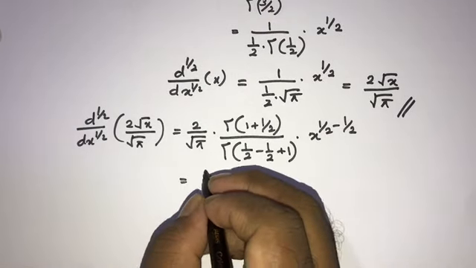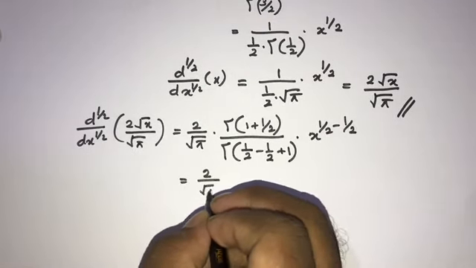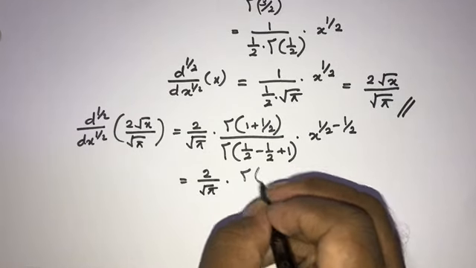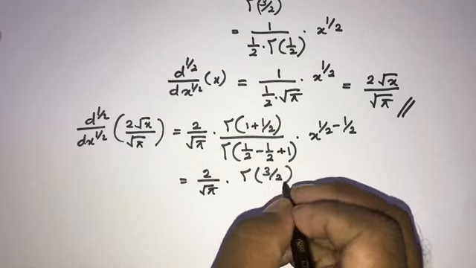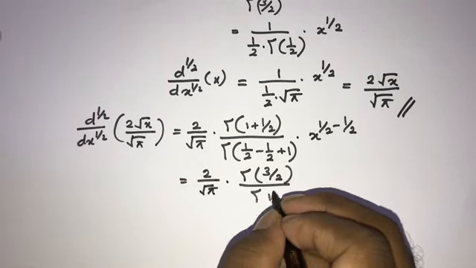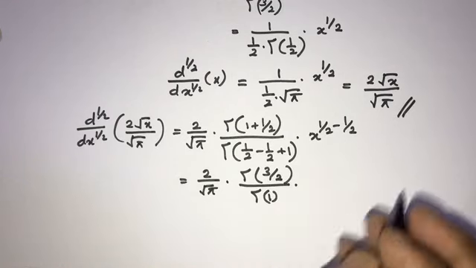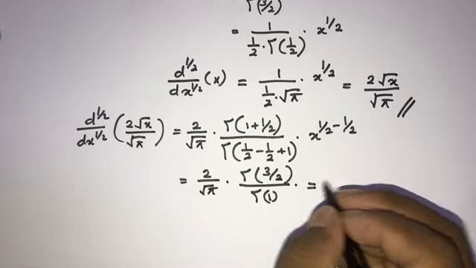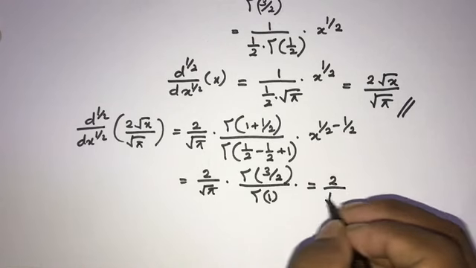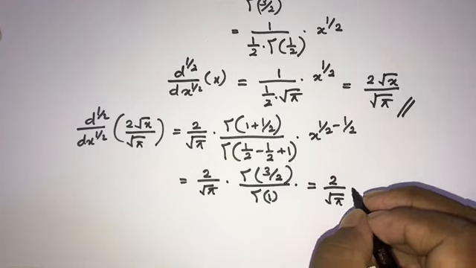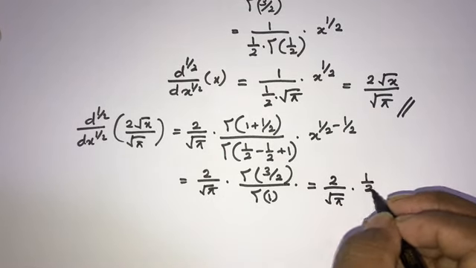Okay, this is equal to 2 over square root of pi times gamma of 3/2, over gamma of 1, and here x to the 0 power, so this is 1. This is equal to 2 over square root of pi times gamma of 3/2.